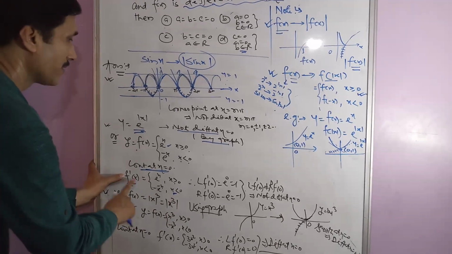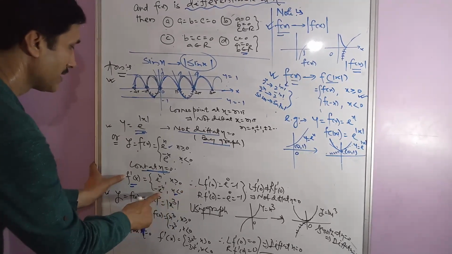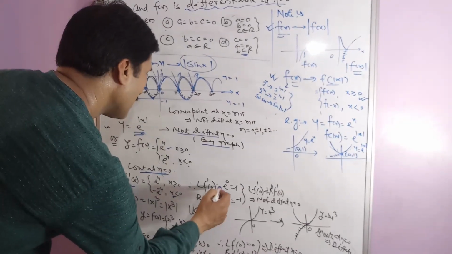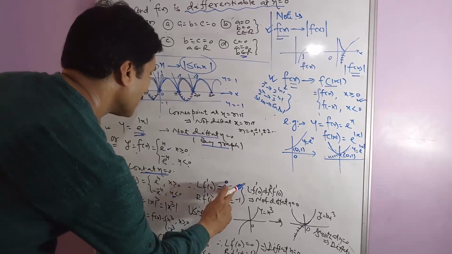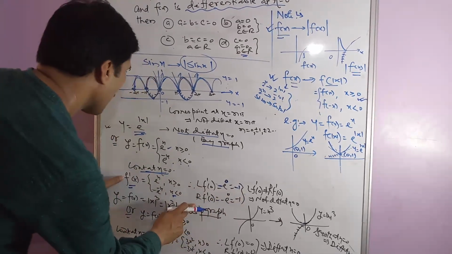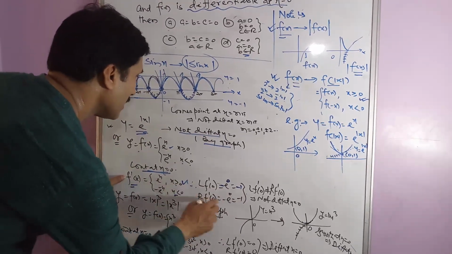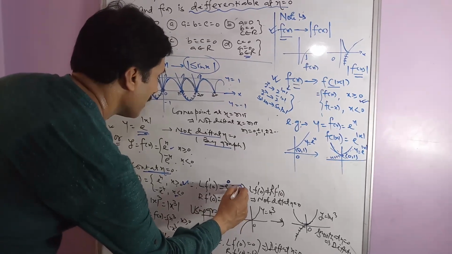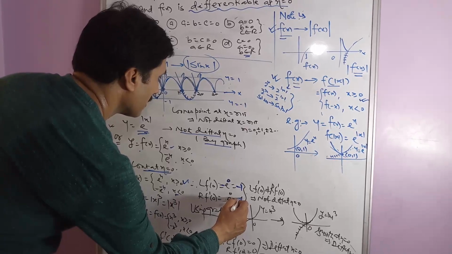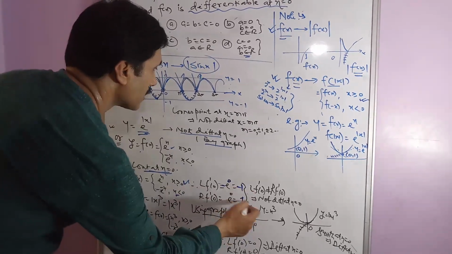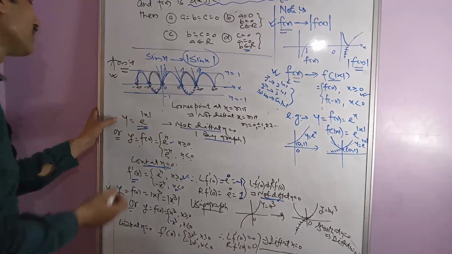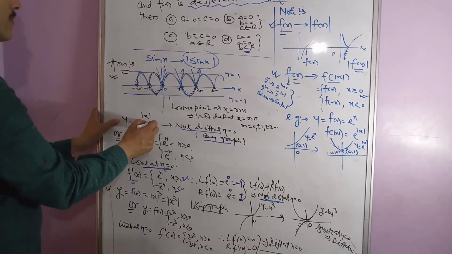So the left hand derivative at 0 is -e^0 = -1, and the right hand derivative at 0 equals e^0, that is +1. Left hand derivative -1, right hand derivative +1, both are finite but different, so y = e^|x| is not differentiable at x = 0.